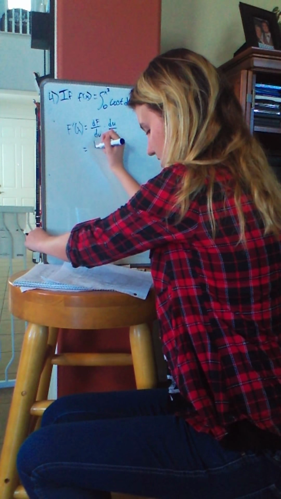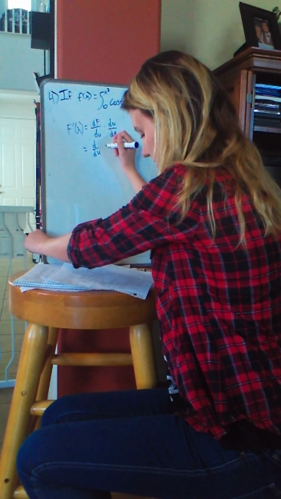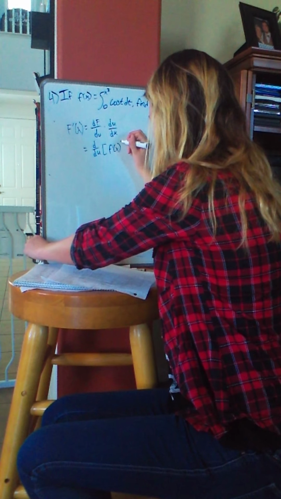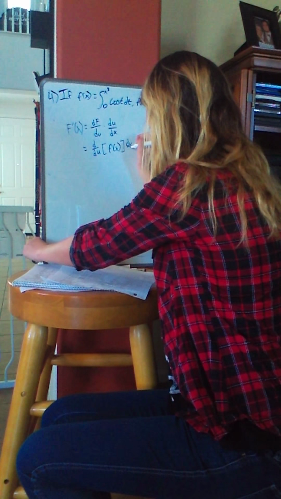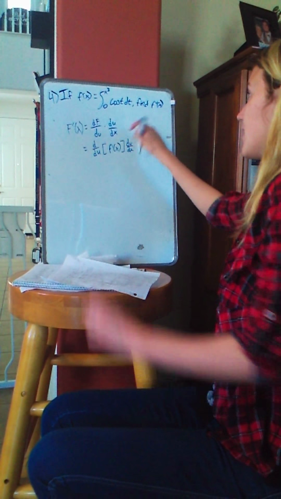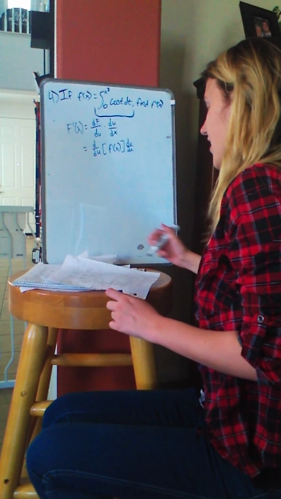And then it's going to be d/du times f of x times du/dx. And they give you the f of x, so it's going to be this equation right there.